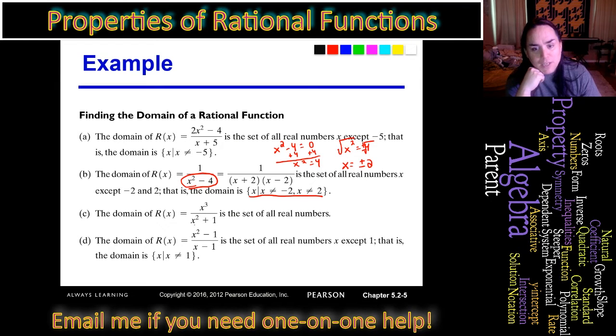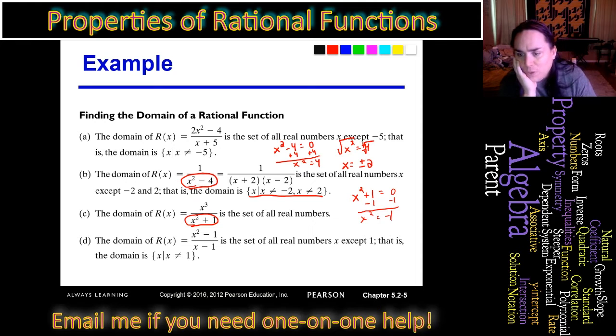How about this one? x squared plus 1. When would that equal 0? Well, subtract 1 from both sides. x squared equals negative 1. So what real number can you square to get negative 1? And we know that the answer to that is i.